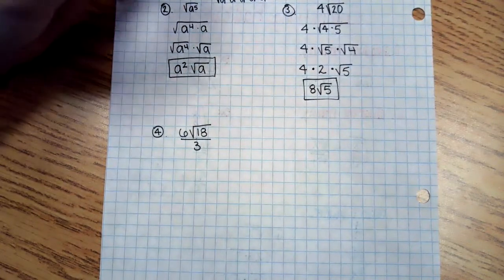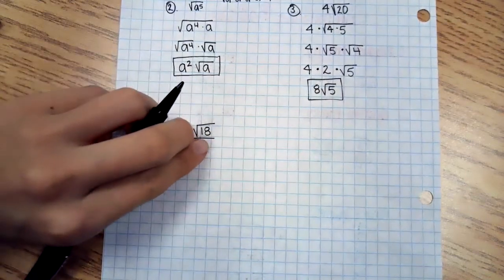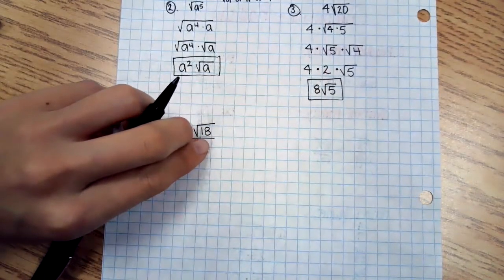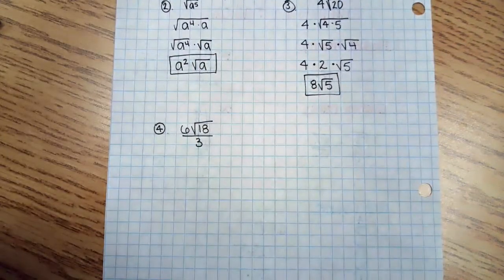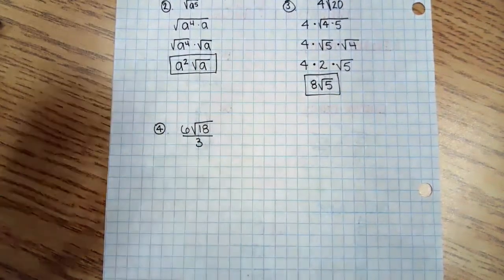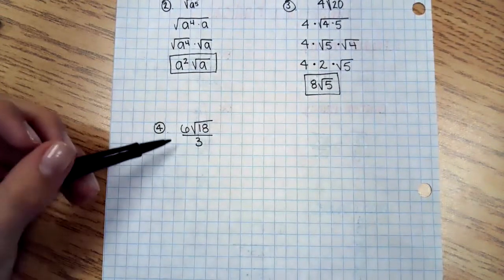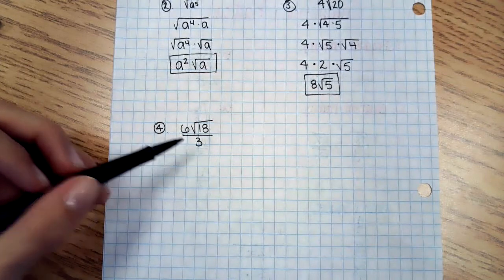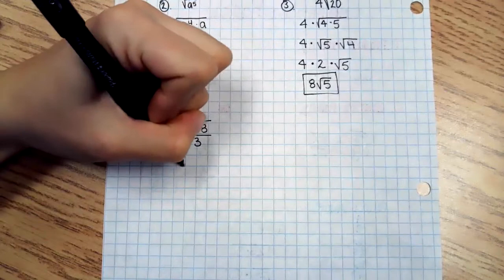What I'm going to do is ignore the 3 and ignore the 6, and I'm going to focus on that square root of 18. To do that, I've got to do one thing first, which is I'm noticing right away 6 divided by 3. That's going to give me 2. So I actually have 2 square root of 18.